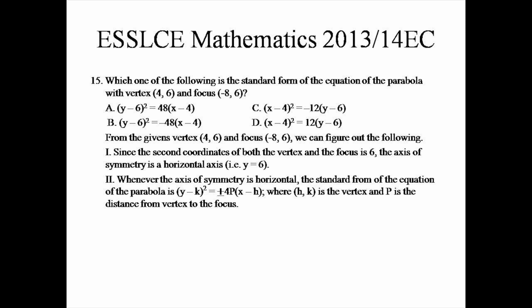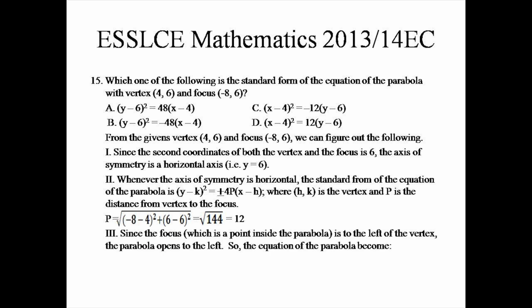P can be calculated by using vertex (4, 6) and the focus (-8, 6) as p equals the square root of (-8 - 4)^2 + (6 - 6)^2. -8 minus 4 is -12. -12 squared is 144, plus 6 minus 6 is 0. 0 squared is 0. The square root of 144 is equal to 12.